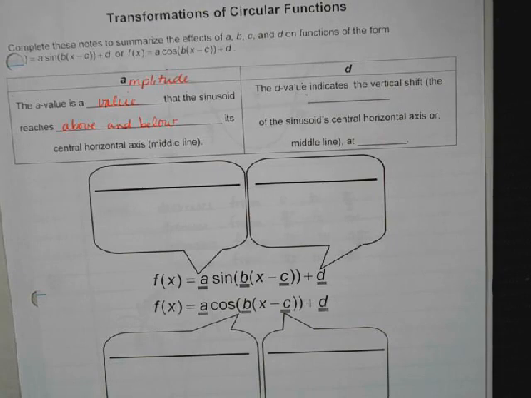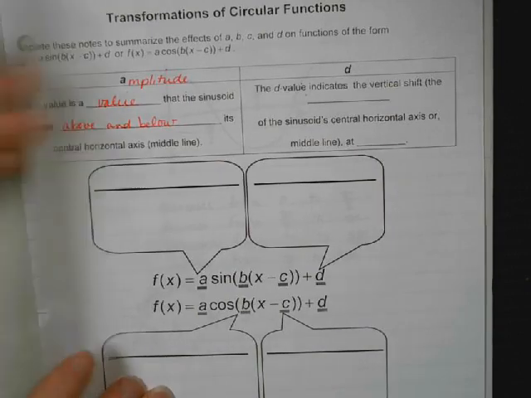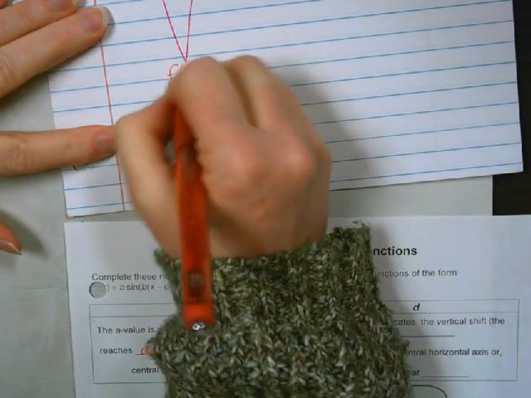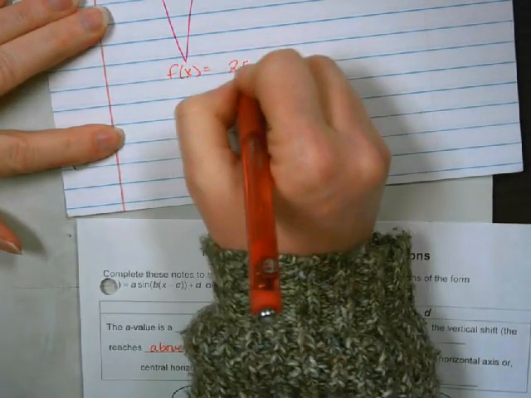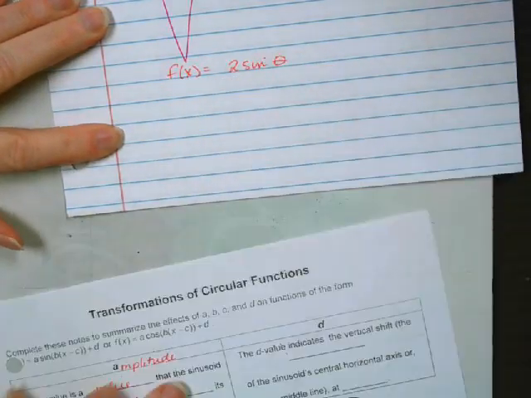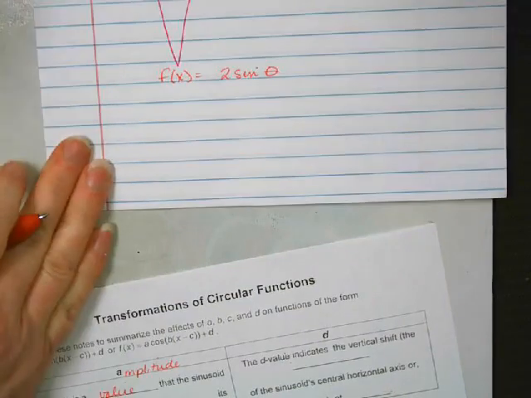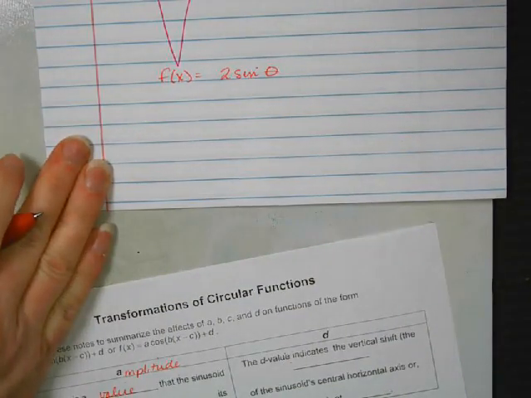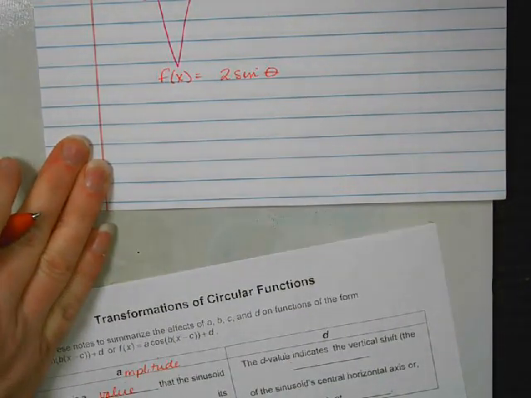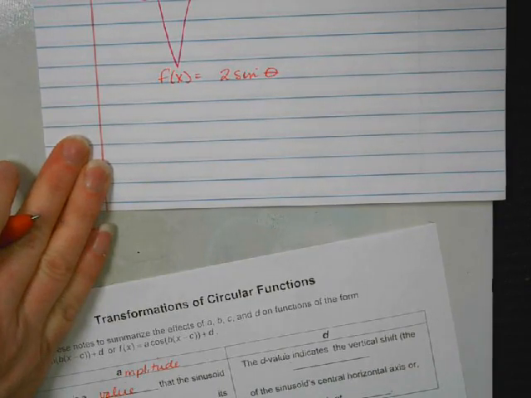The amplitude does. But if I write f of x equals 2 sine theta, now instead of it going up to 1 and down to -1, it goes up to 2 and down to -2, because the amplitude is 2 above the axis and 2 below the axis.